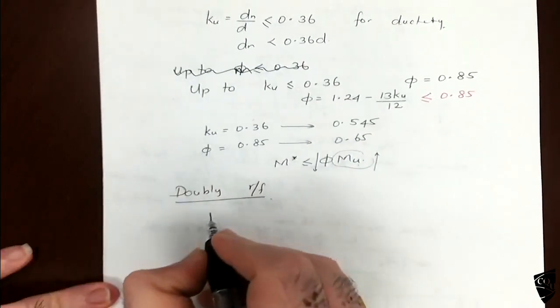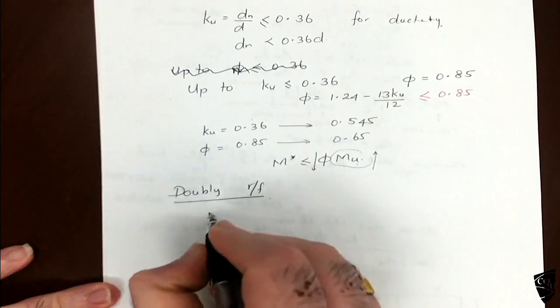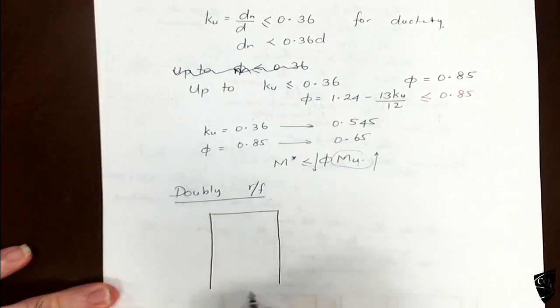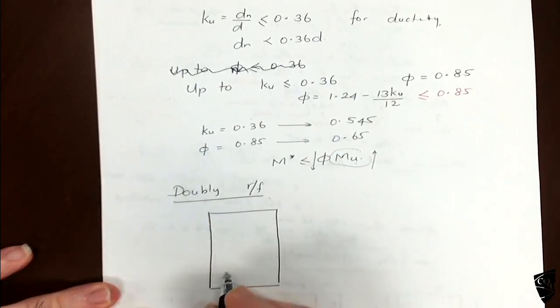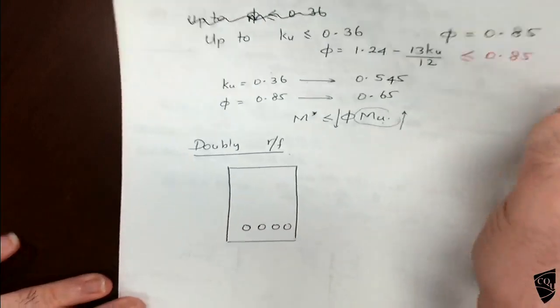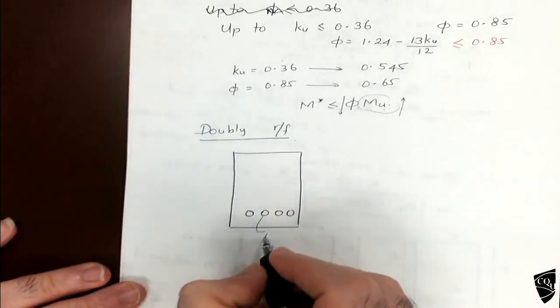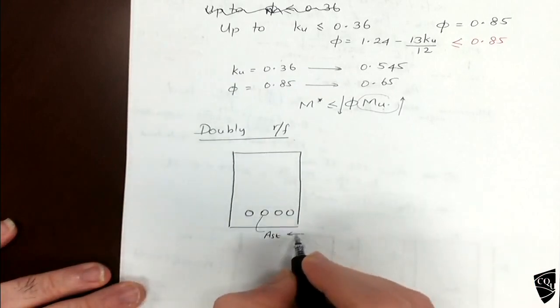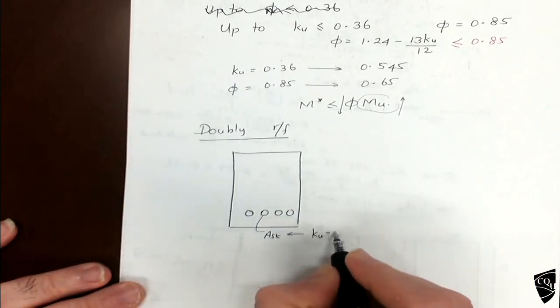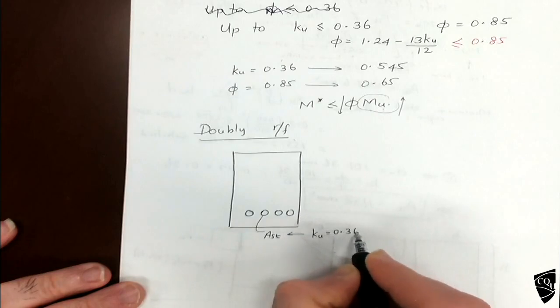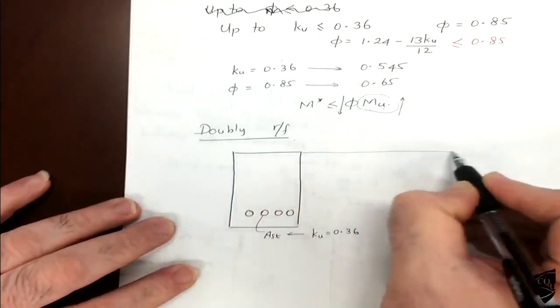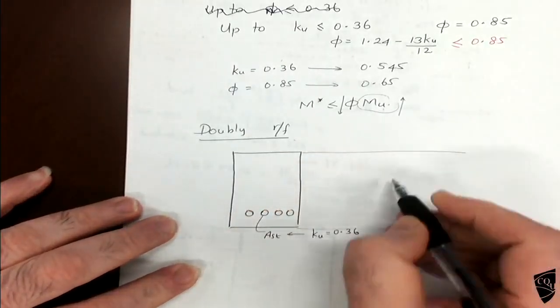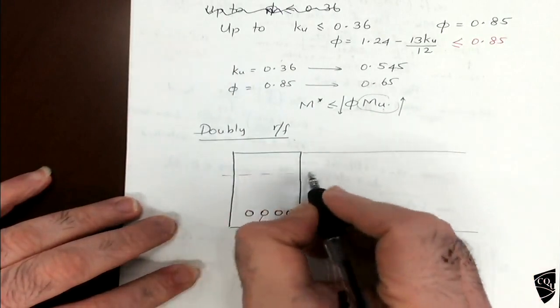So we reach a limit for Ast. Let's say when you put this one, Ku is equal to 0.36, you have already reached it.